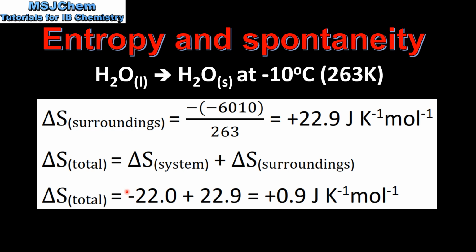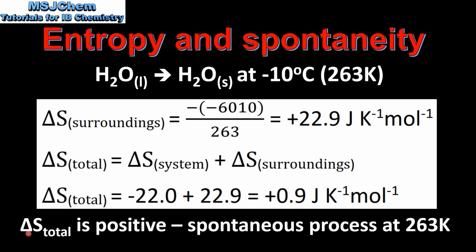So we input the value for the change in entropy of the system and the change in entropy of the surroundings. That gives us a value for the total change in entropy of positive 0.9 joules per Kelvin mole. Because the total change in entropy is positive, that tells us it's a spontaneous process at 263 Kelvin.